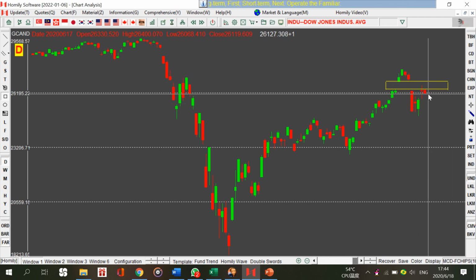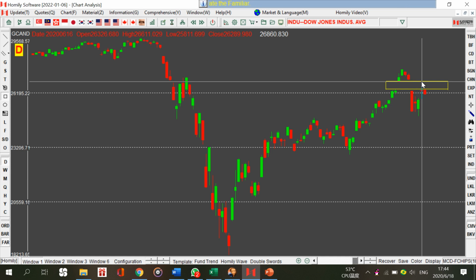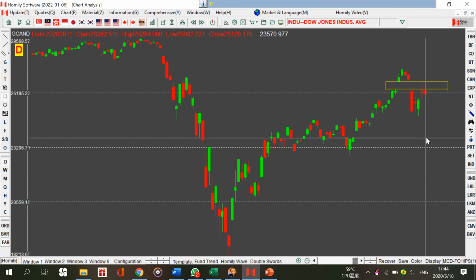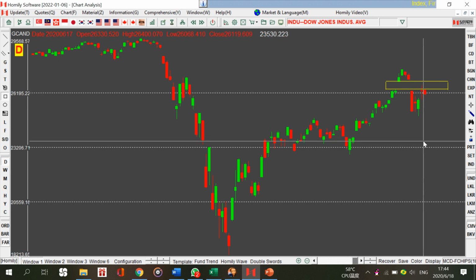Resistance is extremely strong. What we know is that in the near future, if the price is unable to cover the gap and turns downward again, it means the downward momentum is very, very strong. We are expecting a much more forceful correction in future.